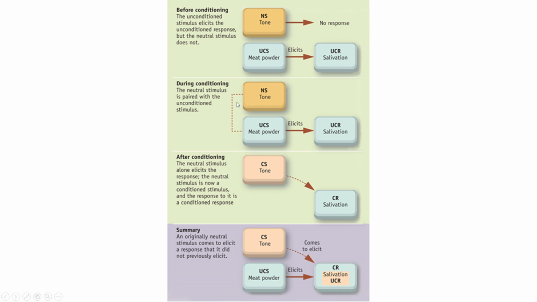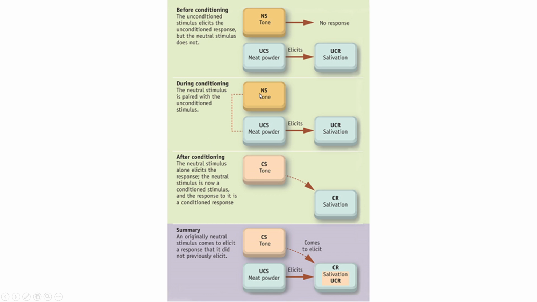During conditioning, we have this association or pairing between our neutral stimulus and our unconditioned stimulus, and that pairing is still going to result in that unconditioned response because the unconditioned stimulus is still being presented. After conditioning, we can remove our unconditioned stimulus and just present what is now our conditioned stimulus.